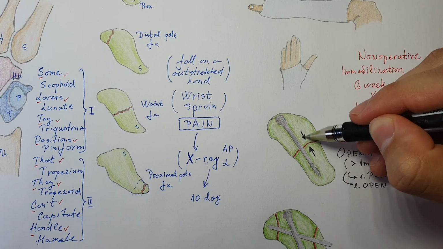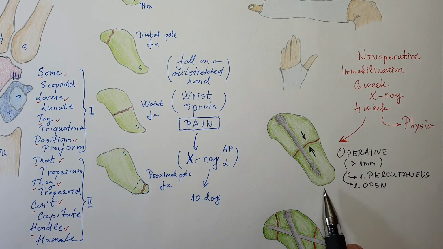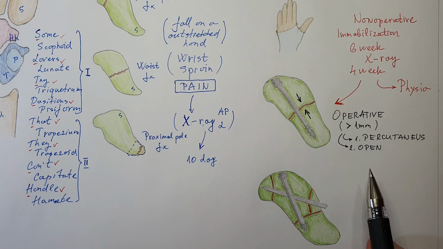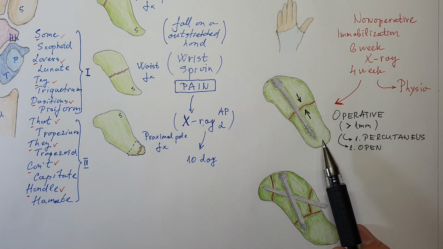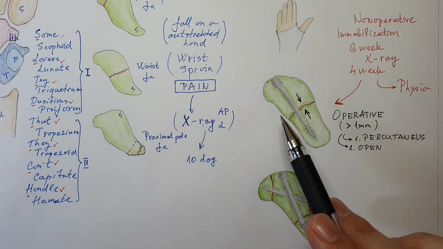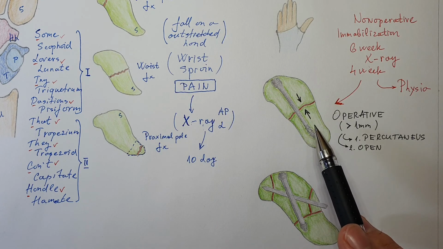So this method enables that the healing is much faster, and the patient will much faster return to his normal activities. That is the significance of an operation. And this percutaneous operation gives you also the advantage of not destroying too much of the normal anatomy because it is minimally invasive.